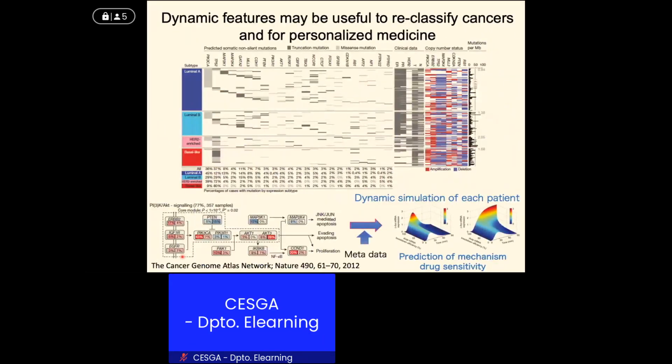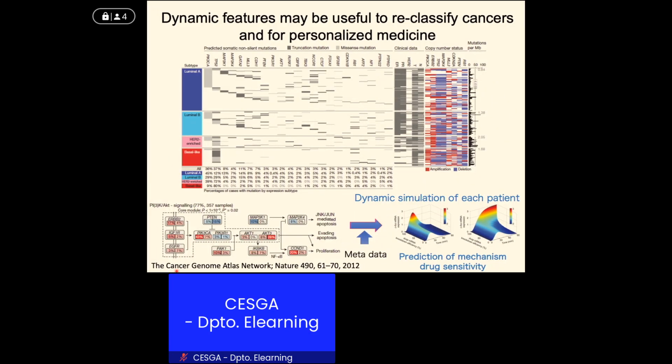So the next question that we had is that the dynamics of the signaling network seems to be very important, and we wondered if the dynamics features can be used for the reclassification of cancer patients.